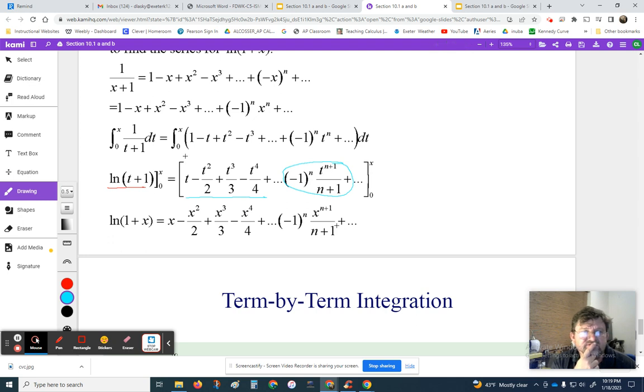So if this is my first term, right? This is n equals 1. Is that n equals 1? Yeah, that is.